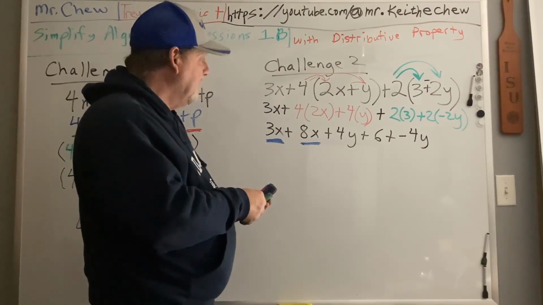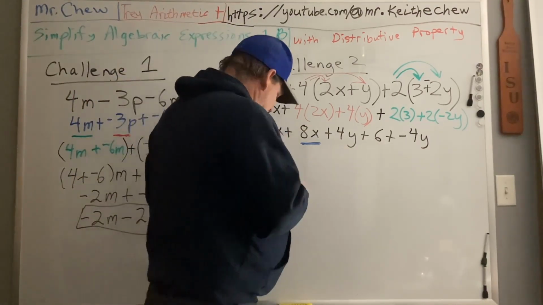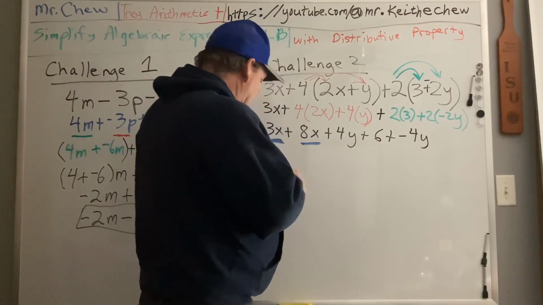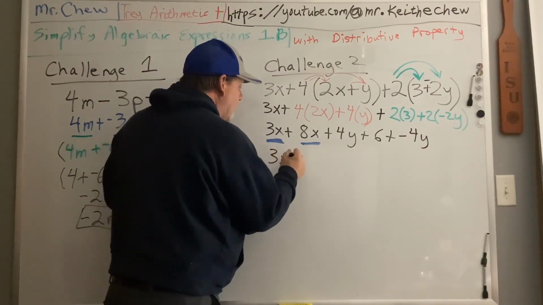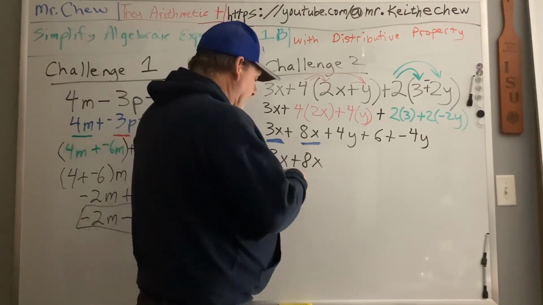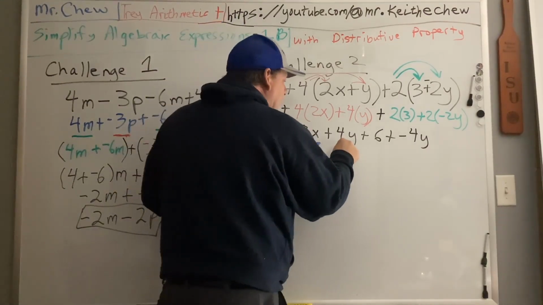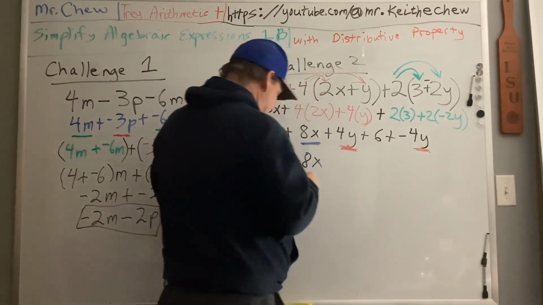Next I'm going to do terms of y. They're side by side, so I want to write them side by side. Now we're going to the y's. There's a y. That's not a y. That is.